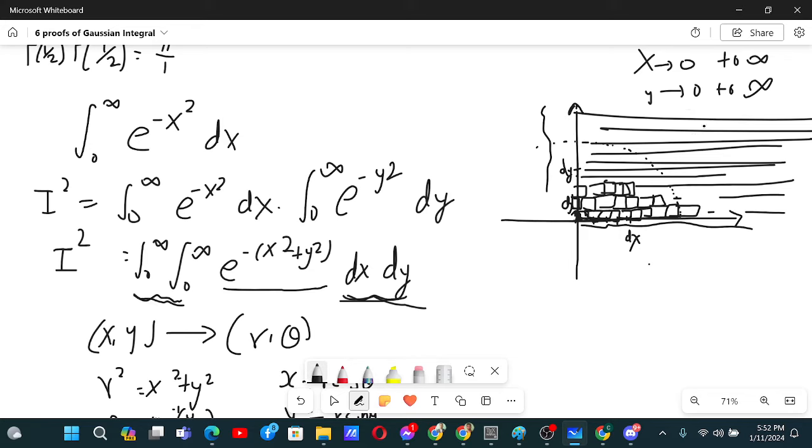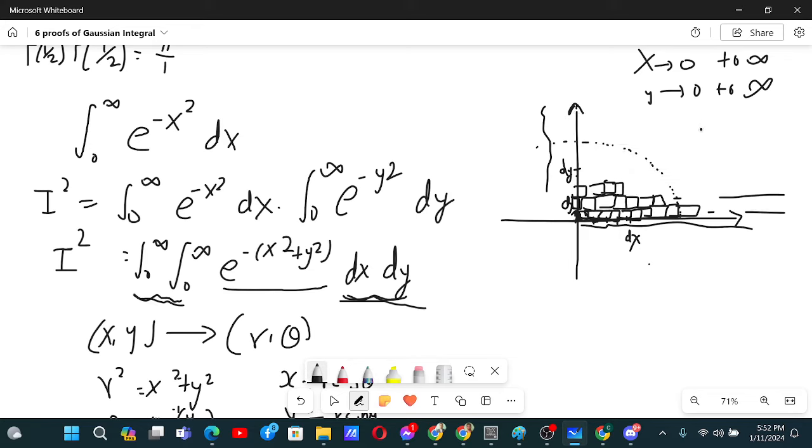Now we need to be able to cover the first quadrant using dr d theta as well. Now let's go to dr d theta. Let's say this r is 2, and this is a dr. This r will just revolve around in this circle based on what theta is.